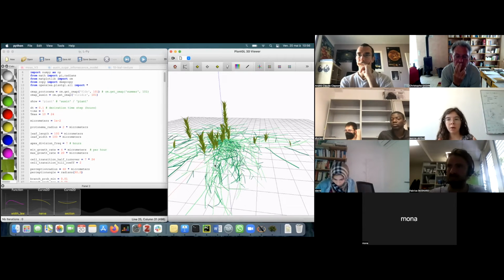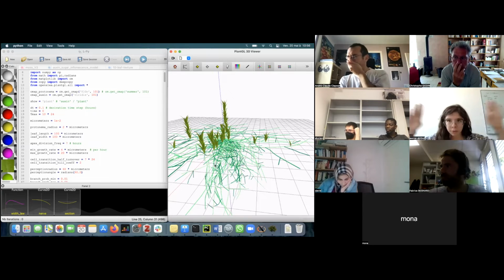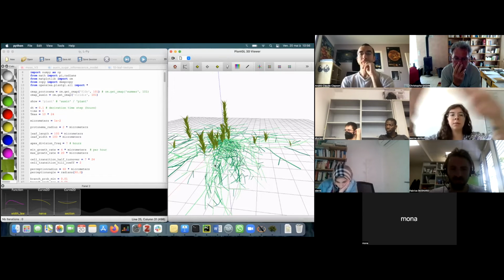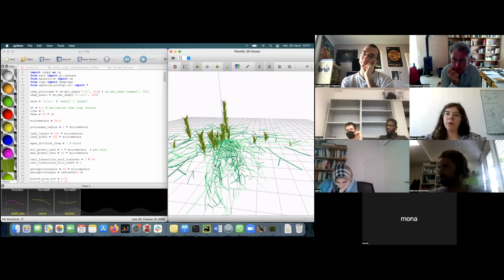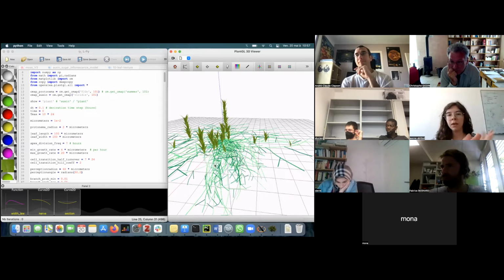When an apical cell is growing, it has a cone in front of it, and if it detects a point in this cone, it stops growing. But the points are established at a regular interval, and you can go in between. So you can cross a filament if your points are not close enough to each other.